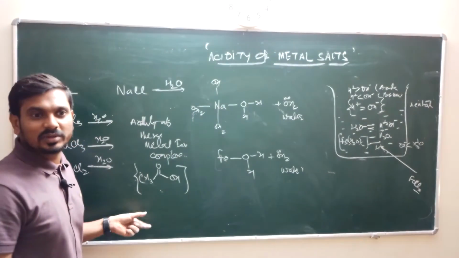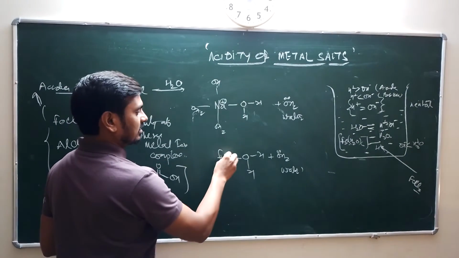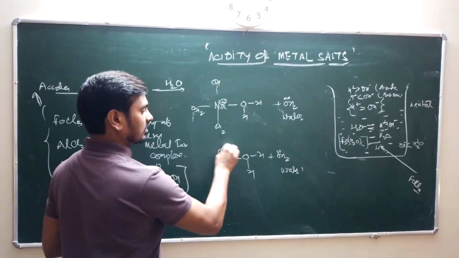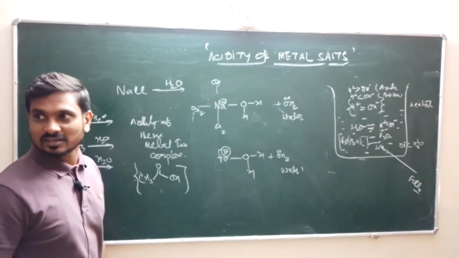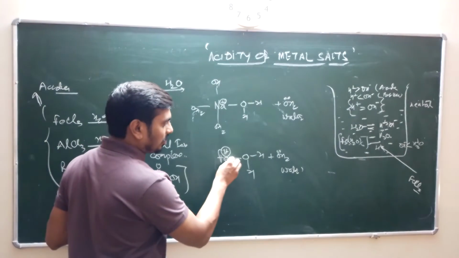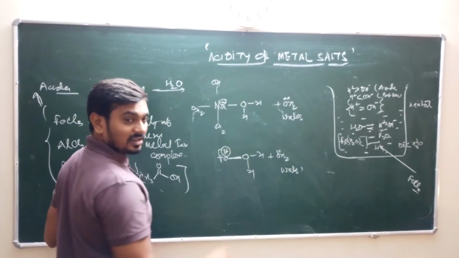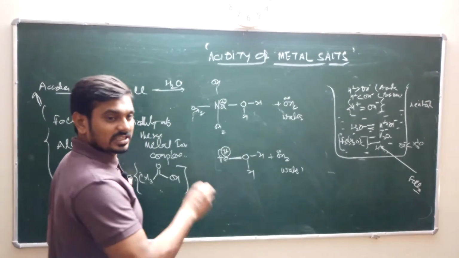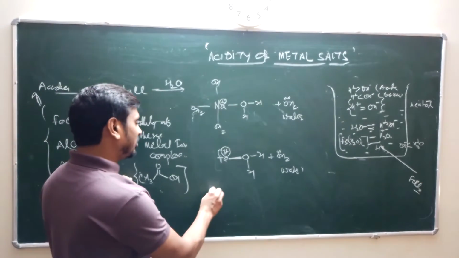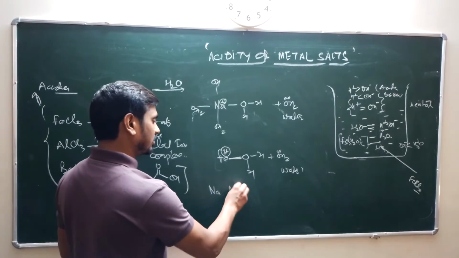How will this reaction be easily facilitated? This is singly charged. This is what? 3 plus charge. Is it or not? Alright. So this is the bonded pair of electrons between iron and oxygen. Now tell me, which has higher electronegativity, sodium atom or sodium plus ion?